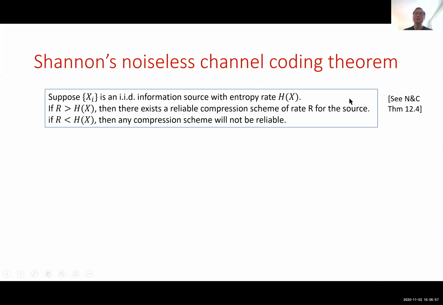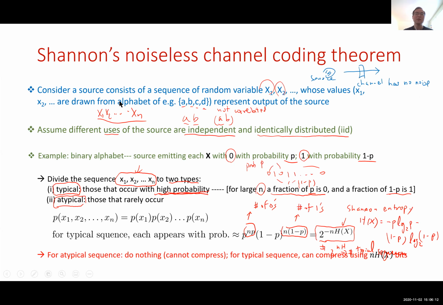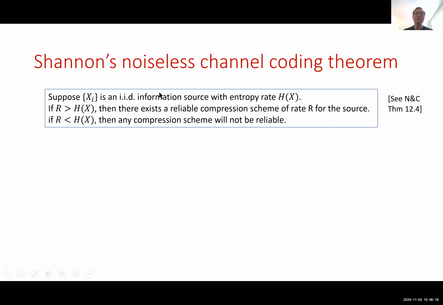Okay, but the exact statement of the theorem you can see in Nielsen and Chuang, 12.4. So suppose x_i is IID, independent, identically distributed. Information source is a source with entropy rate H of X.